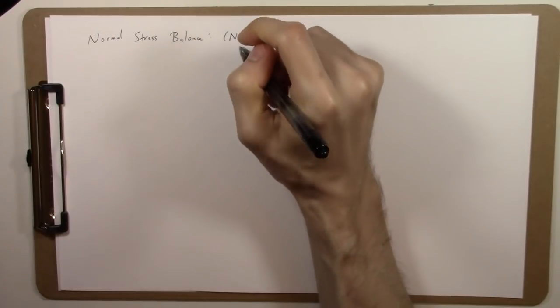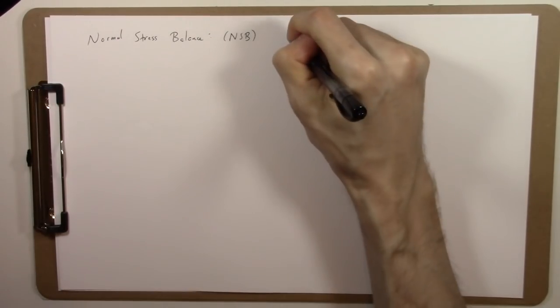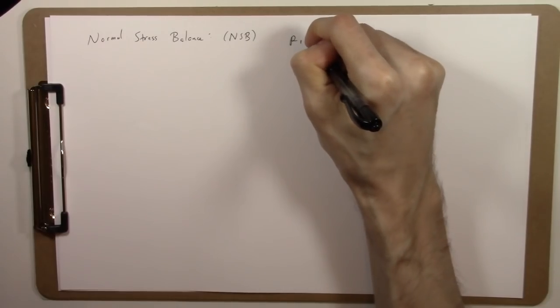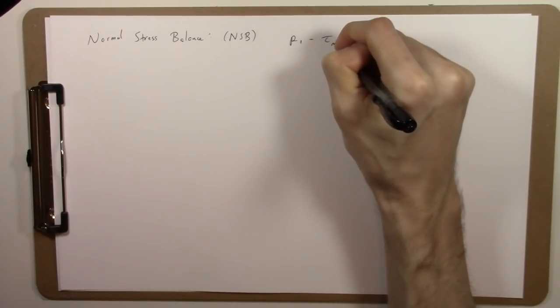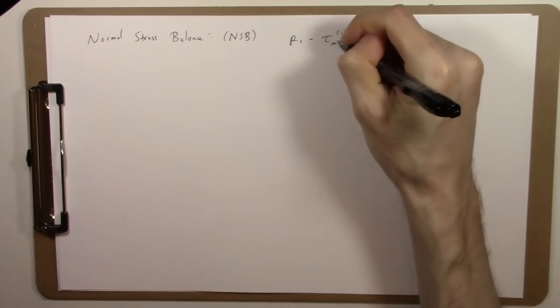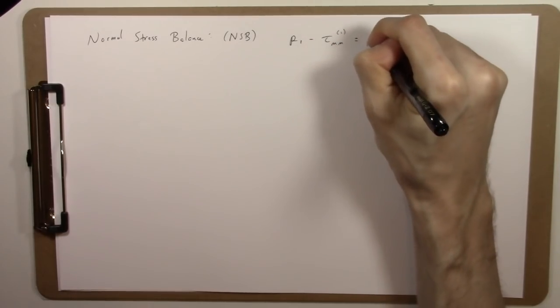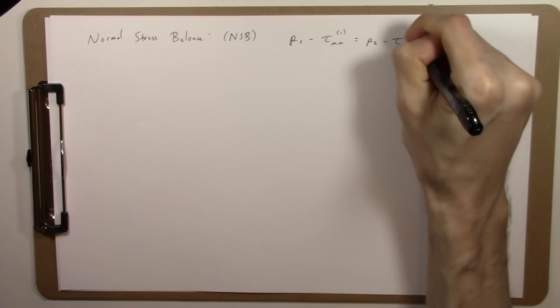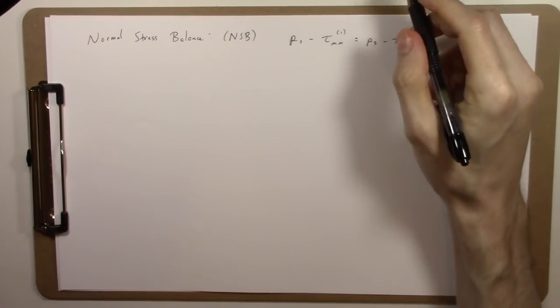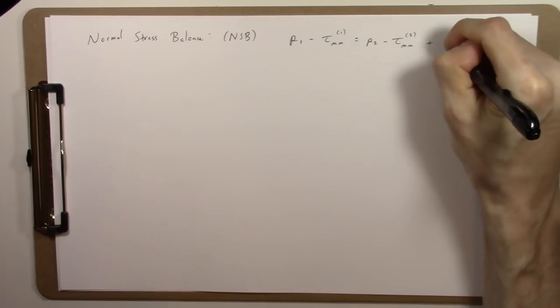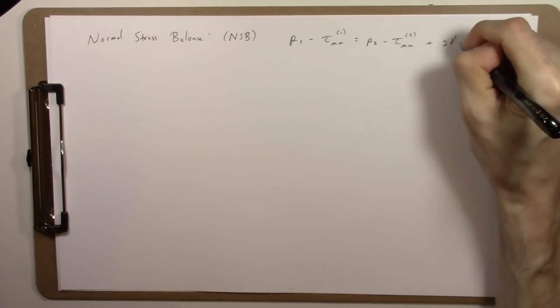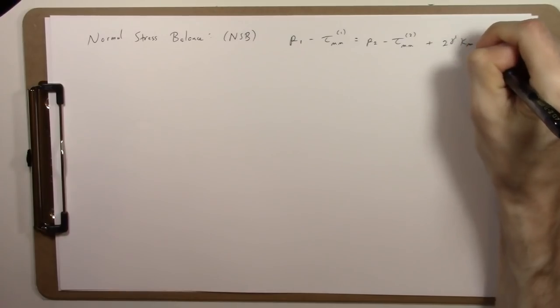NSB. What we find is that the pressure in fluid 1 minus tau NN in fluid 1 is equal to the pressure in fluid 2 minus tau NN in fluid 2 plus 2 gamma times kappa m.